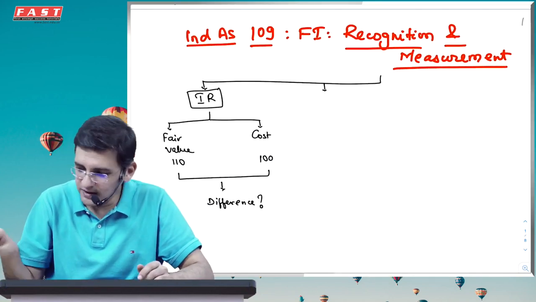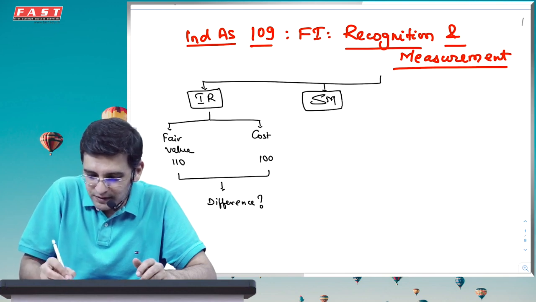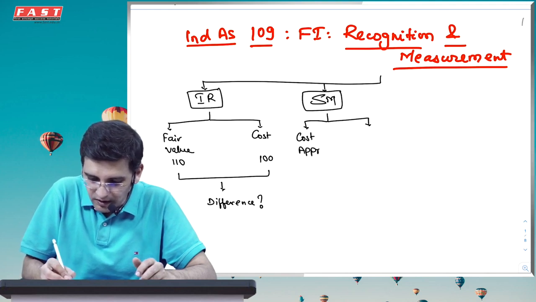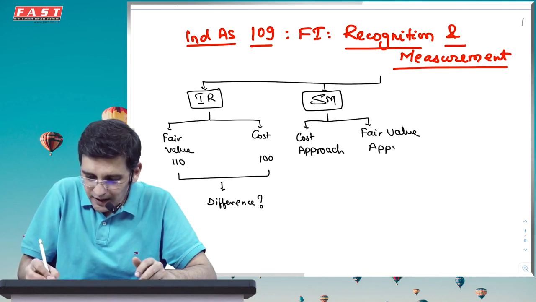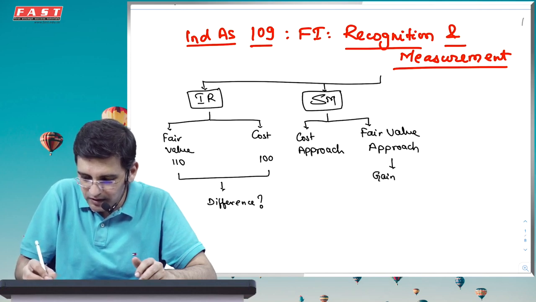And that is what brings us to our second discussion, which is known as SM, what I call subsequent measurement. Whether subsequent measurement should be based on the cost approach, that is what was initially recorded, or should it be based on the fair value approach? And definitely if I go with the fair value approach, there is going to be a gain or loss.